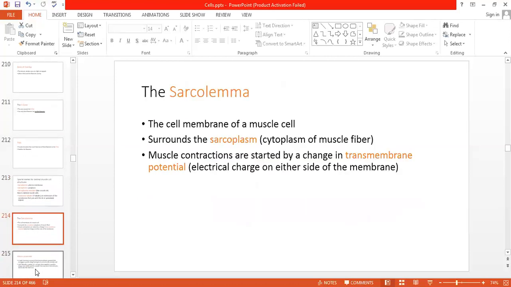The sarcolemma, the membrane outside the muscle fiber, is the cell membrane of the muscle cell, surrounding the sarcoplasm, the cytoplasm of the muscle fiber. Muscle contractions are started by a change in the transmembrane potential, the electrical charges on either side of the membrane.